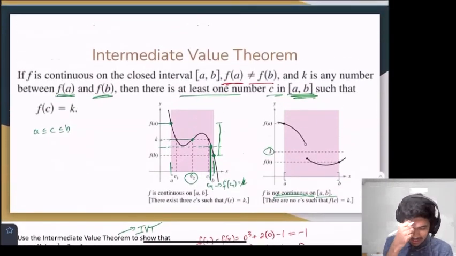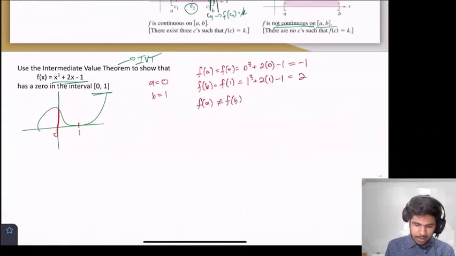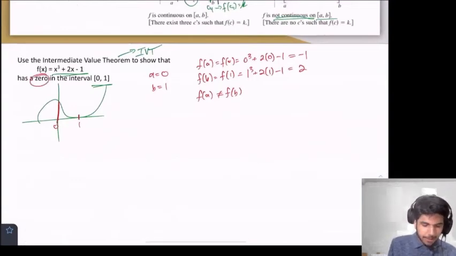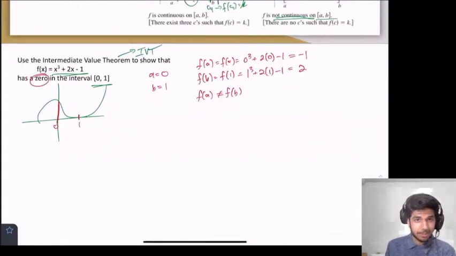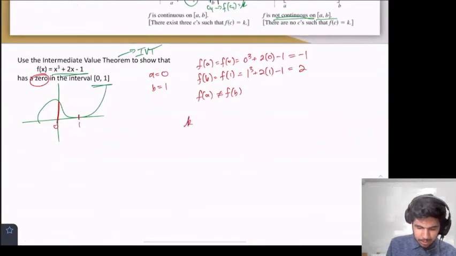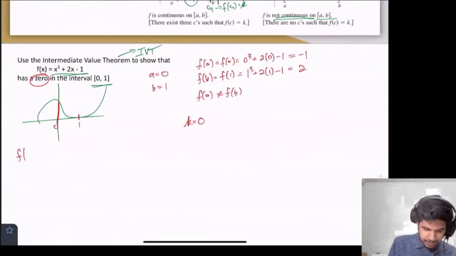So what does this tell us? k is any number in between f of a and f of b, and we're looking for if the function has a 0 in the interval. So let's just let k equal 0, because after all, we want f of some value, which I'll say c, to be equal to 0.